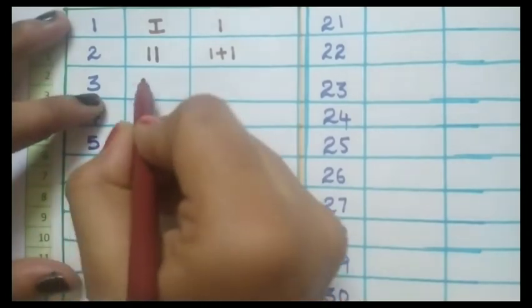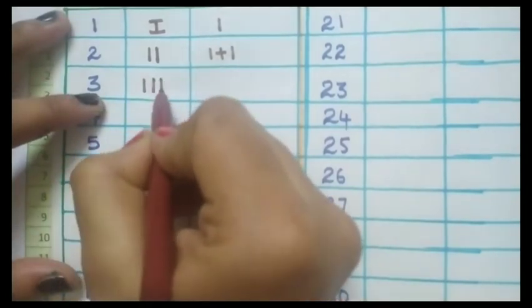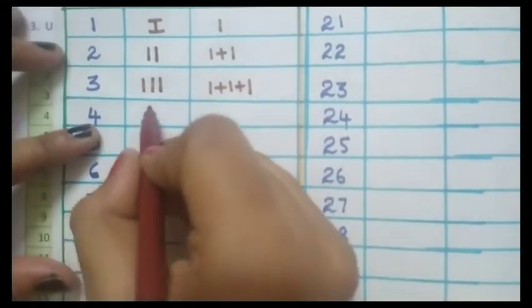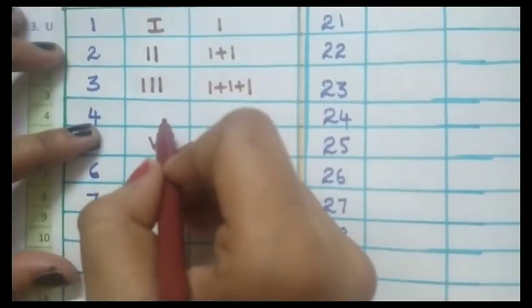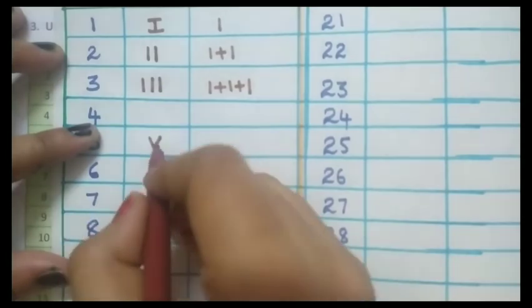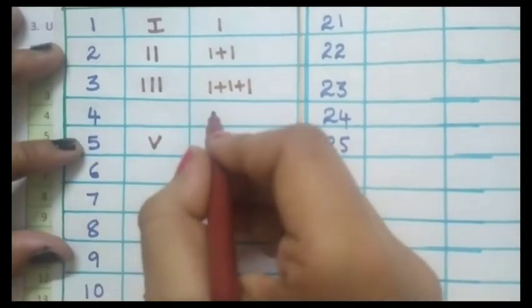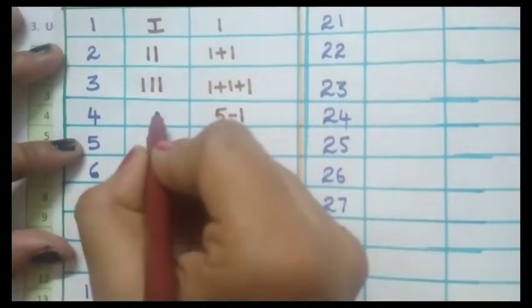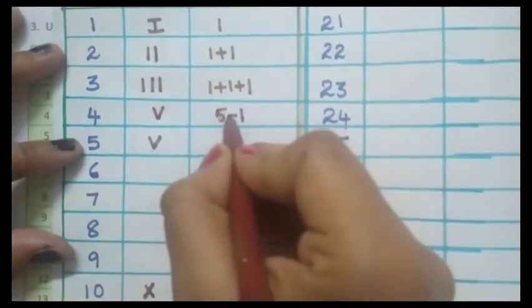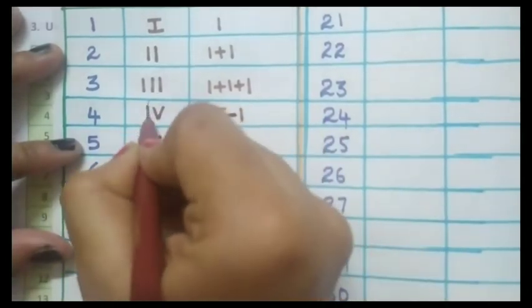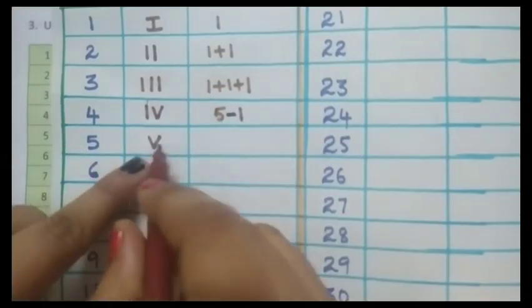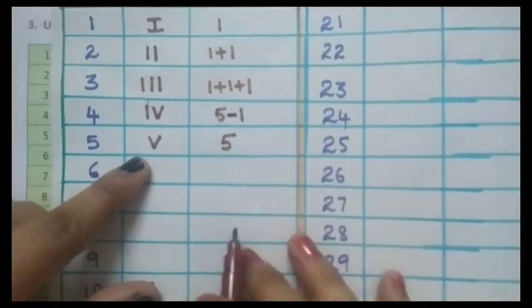Then 1 plus 1 plus 1 is 3. We cannot write I 4 times, so we subtract 5 minus 1. Subtracting means we write I on this side of V. If we are adding, we write it on the next side. For 5 we write V.